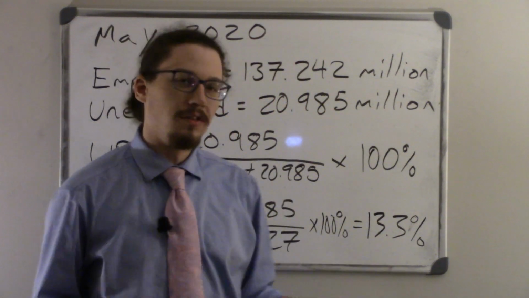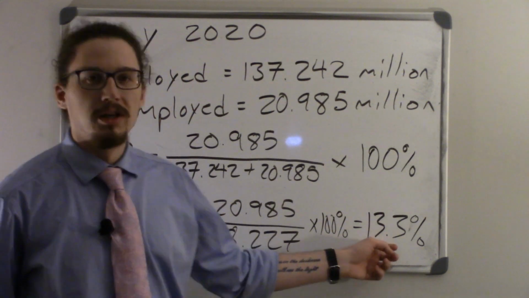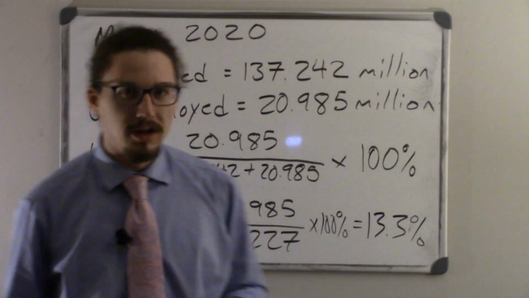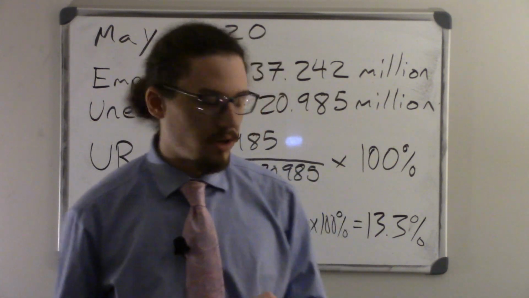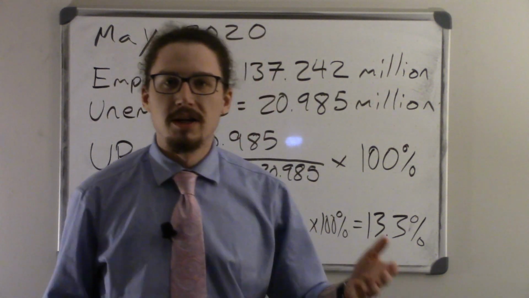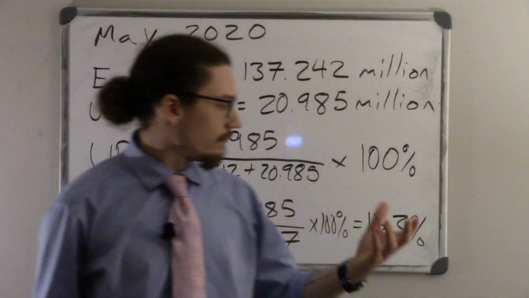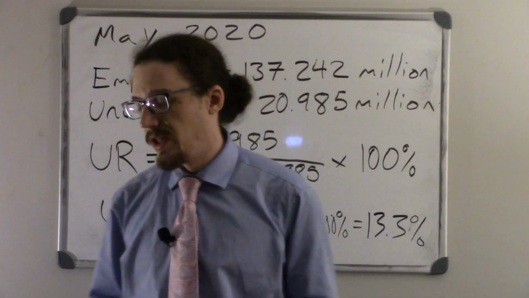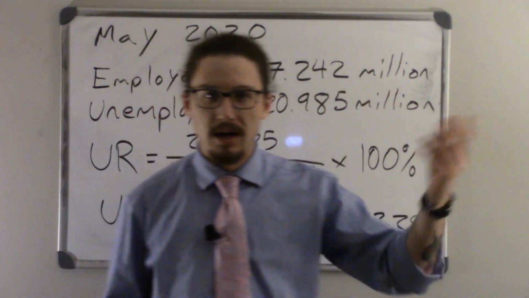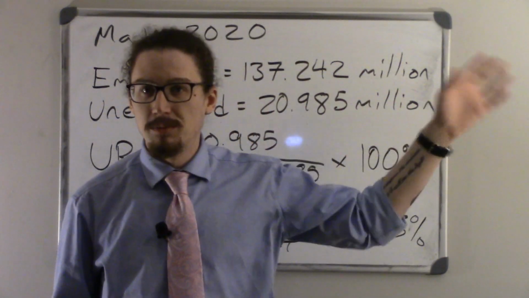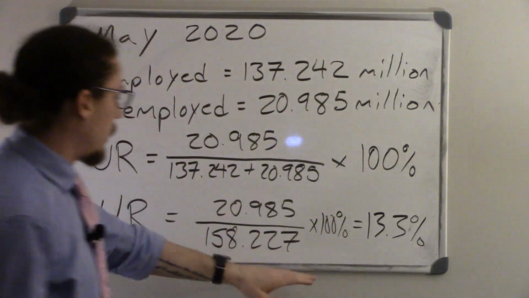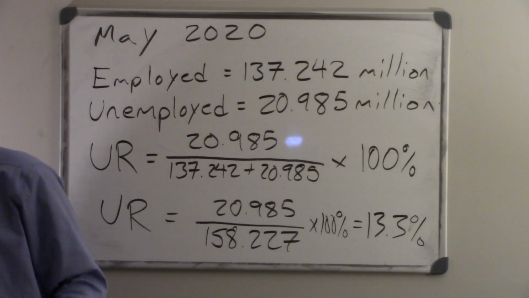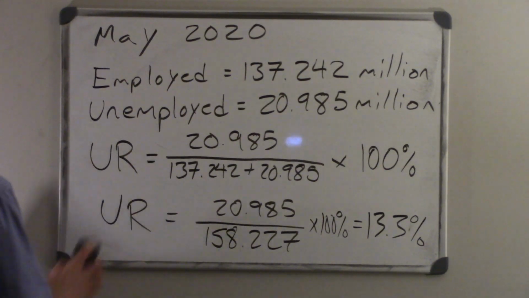The reason we saw such a drastic change is because of the coronavirus. If you look at the months preceding when quarantines started happening in the U.S., we had a very similar unemployment rate, around 3 point something, very similar to that 3.6 we had last May. But that is how we would calculate the unemployment rate.